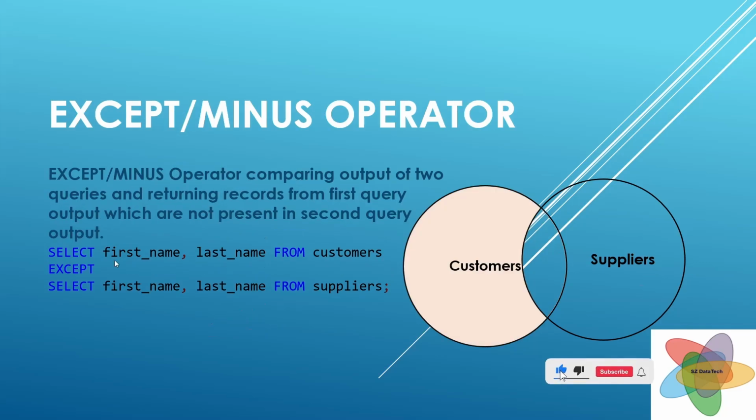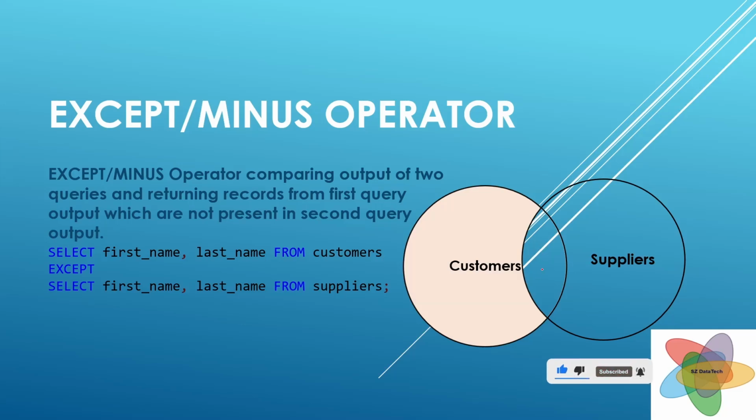Now let's move to the next operator, that is except or minus. As I told you earlier, the minus operator is used in Oracle, and except we can use in SQL Server. When we use except or minus, similar to intersect, it also compares the output of two queries. But intersect keeps only common records, whereas here it will keep records of the first query which are not present in the second query.